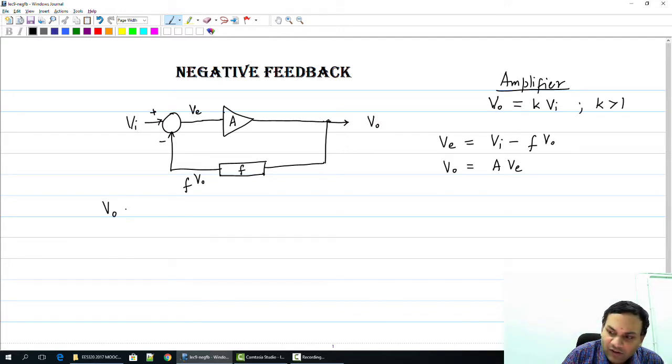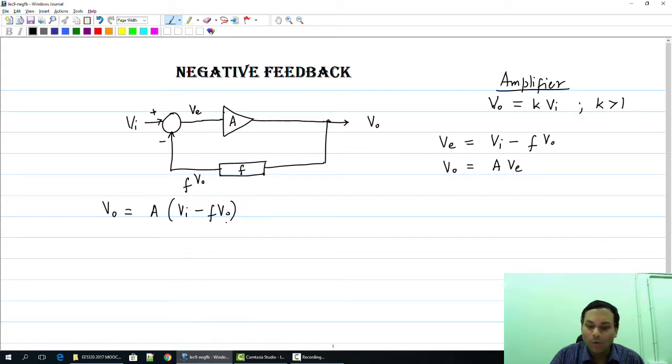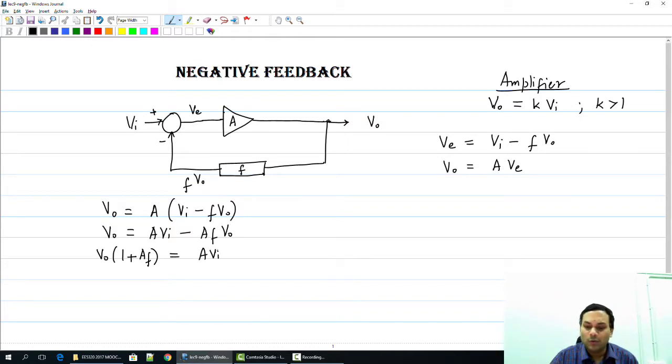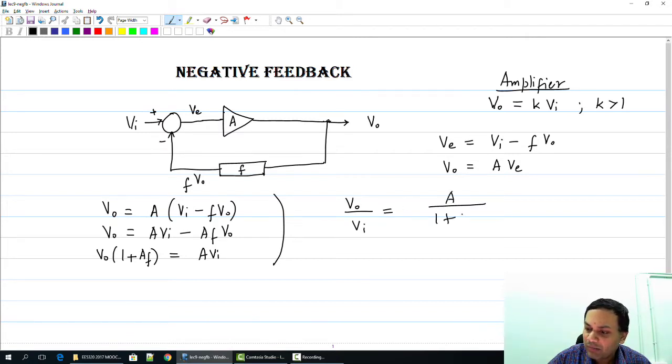VO is nothing but A times (VI minus F VO), so VO is A VI minus A F VO, and therefore this expression holds true. And finally we can write VO by VI as being equal to A by 1 plus AF.